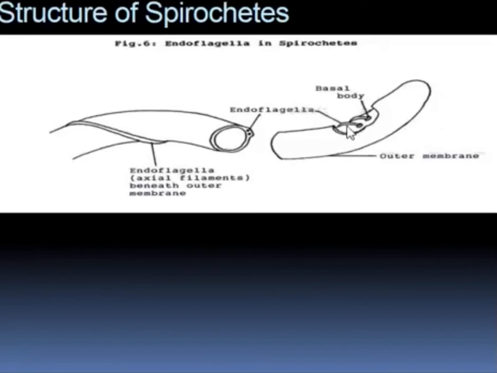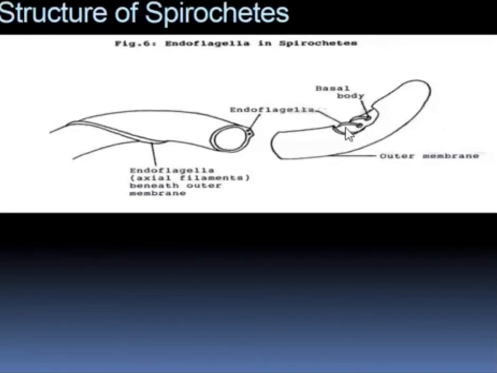Now, the other terms for axial fibrils are axial filaments. It can be termed as periplasmic flagella. It's termed periplasmic flagella because it's being covered by the periplast, the outer membrane or the outer sheath. Now, it's also otherwise known as endoflagella. Endo because it's found inside, covered by an outer membrane.